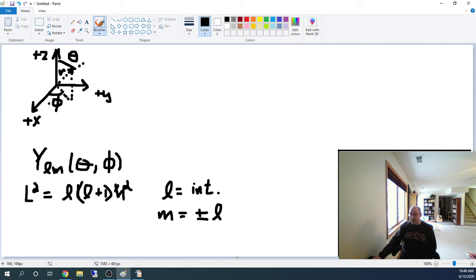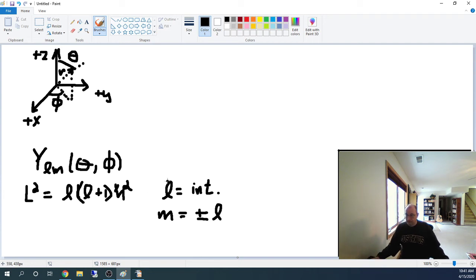And m, since it has to do with the azimuthal angle, indicates the angular momentum's projection onto the z-axis, because it's like, how much of the angular momentum is orbiting around the z-axis? That's why you can have this projection be as large as l.